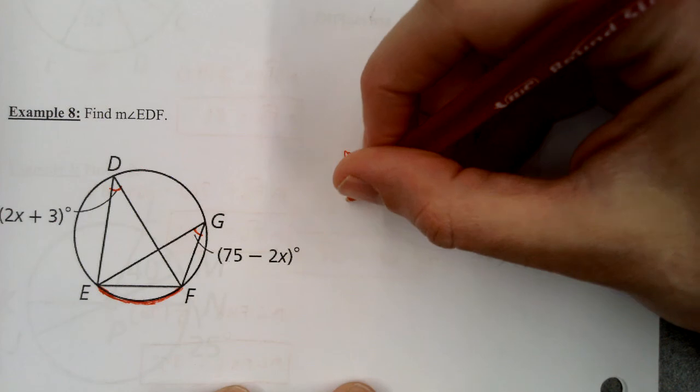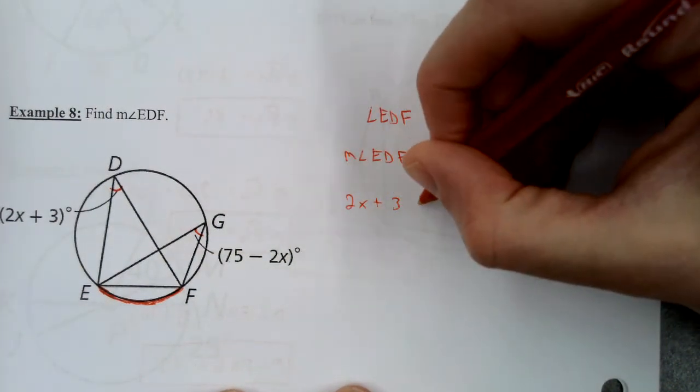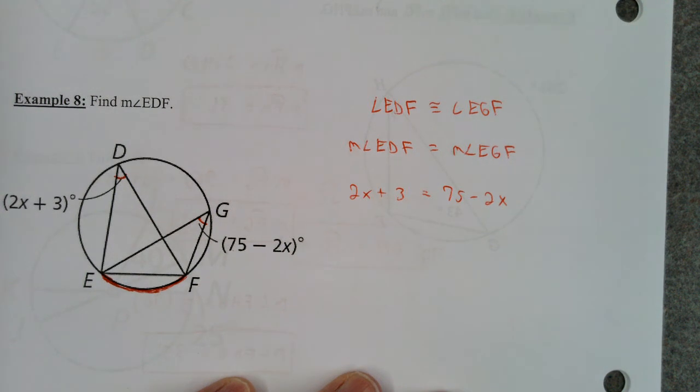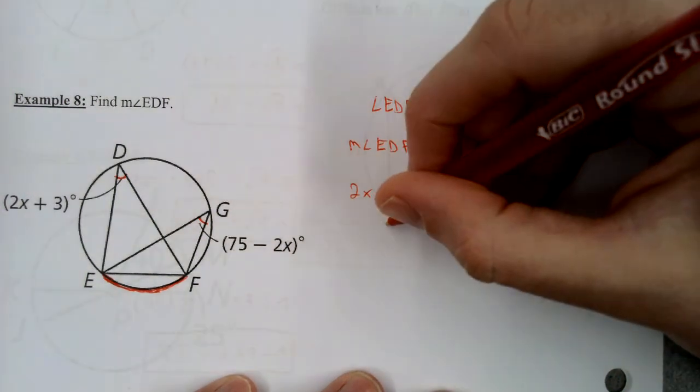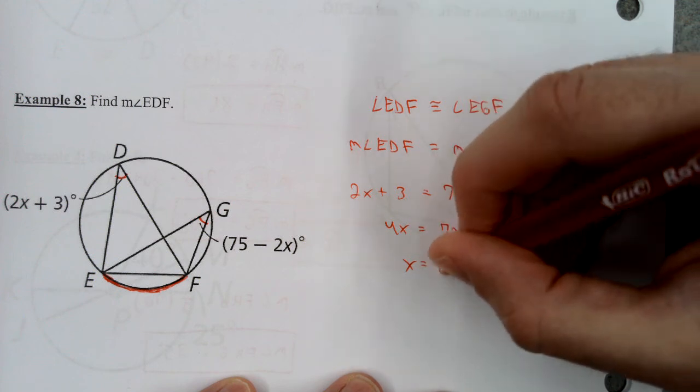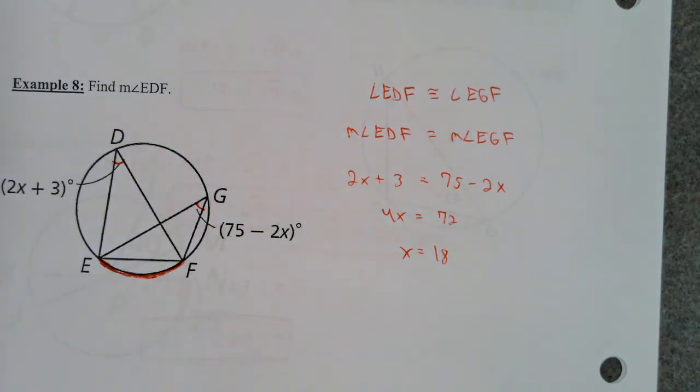2x plus 3 equals 75 minus 2x. 4x equals 72. X equals 18.